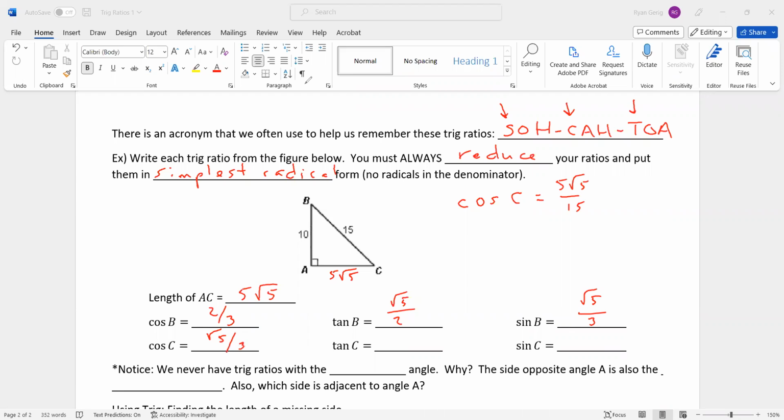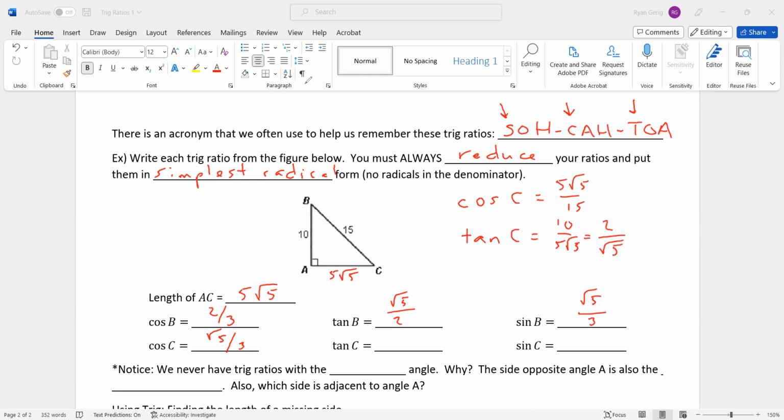The tangent of C is the tricky one here. It's the reciprocal of the tangent of B, but that's going to look weird. So it's going to be 10 over 5 radical 5, which reduces to 2 over the square root of 5.